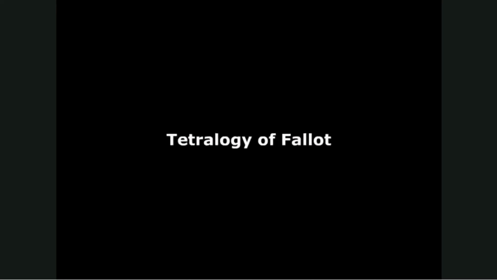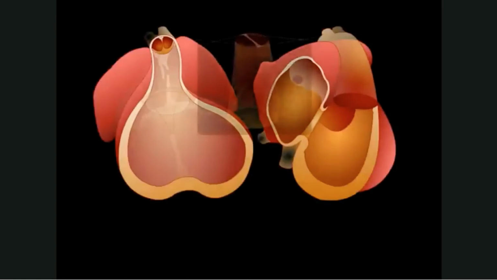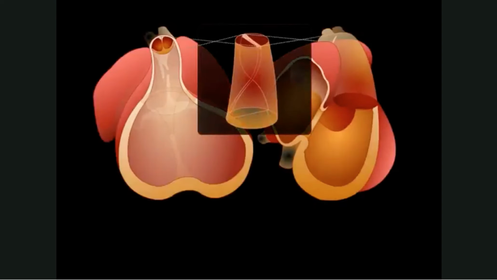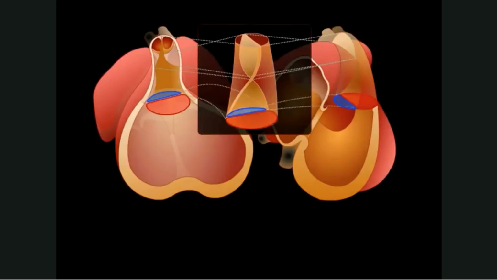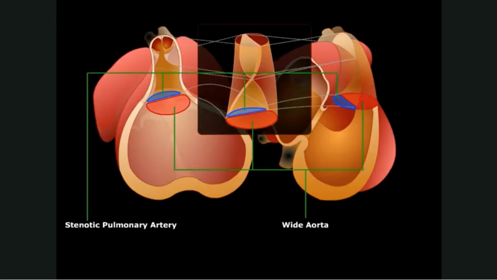Tetralogy of Fallot is the most common cyanotic congenital heart defect. Tetralogy of Fallot occurs when the aorticopulmonary septum fails to align properly and shifts anteriorly to the right. This leads to an unequal division of the conus, resulting in a wide overriding aorta and a small stenotic pulmonary artery.